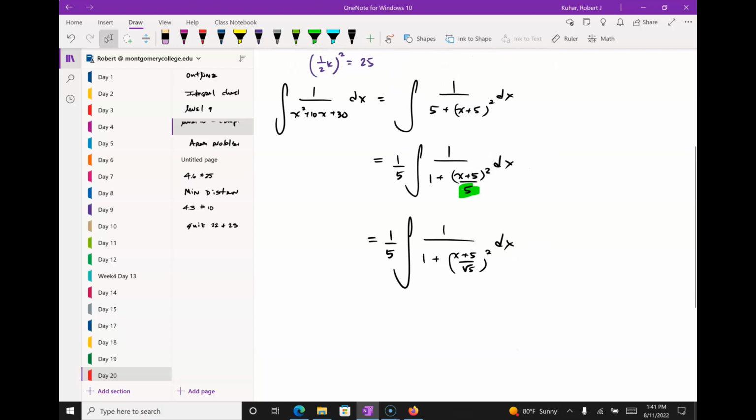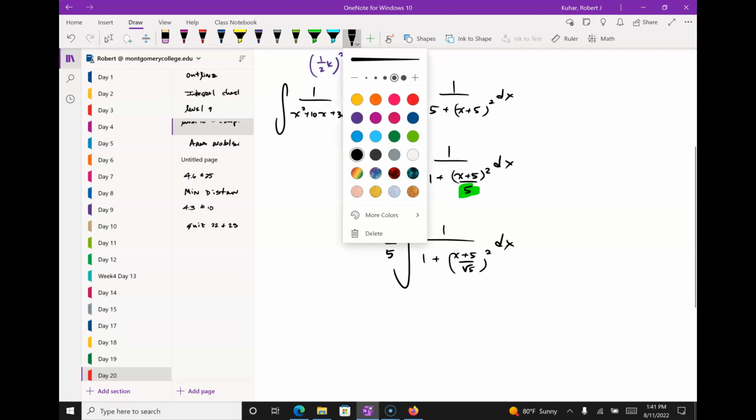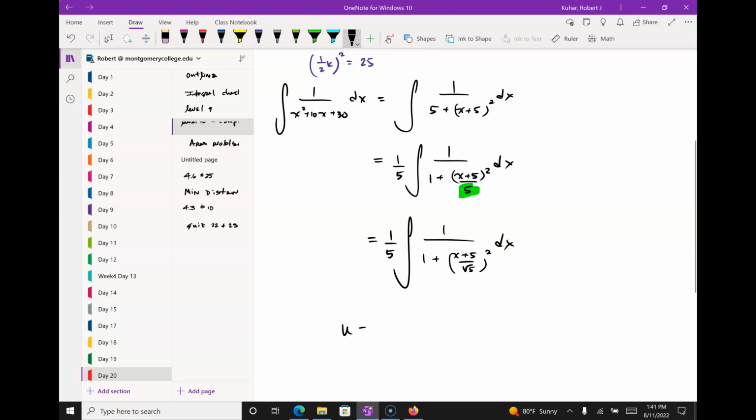Well, first of all, do you agree if I square? Yeah. So now I need my u sub. U is x plus 5 over rad 5. So du is 1 over rad 5 dx. I have a 1 over rad 5 in my 1 over 5.